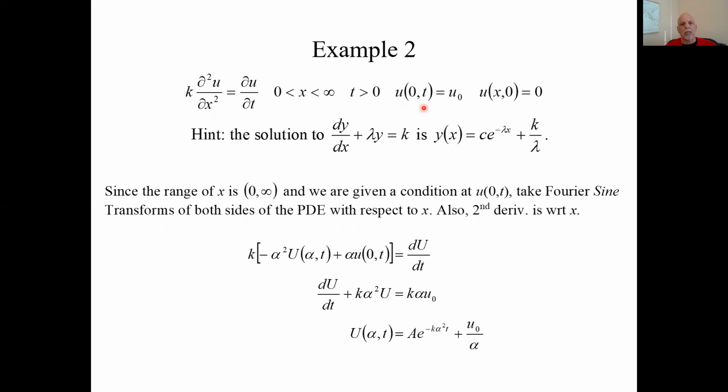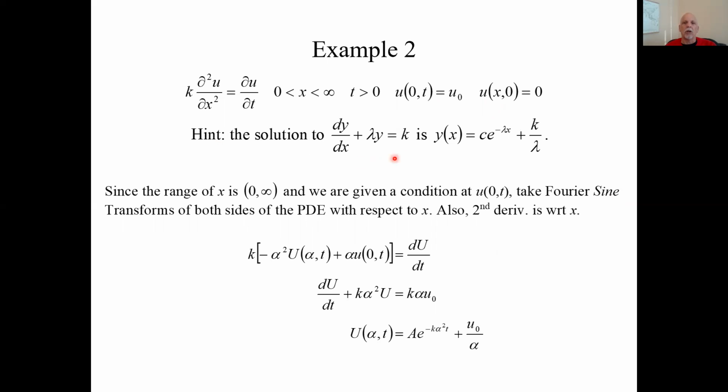Here it's a little tricky. We're given this initial condition, and it's just on the function itself. So we'll use the sine transform. Neither of these conditions had to do with the derivative of u.